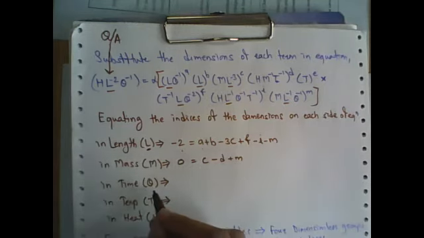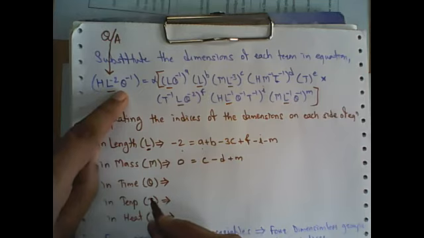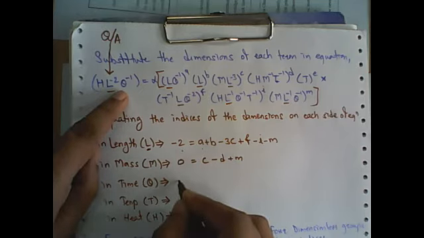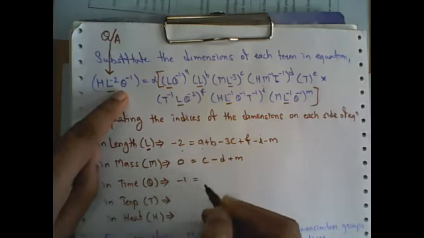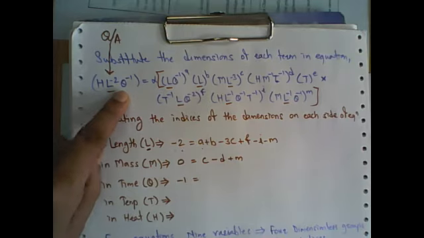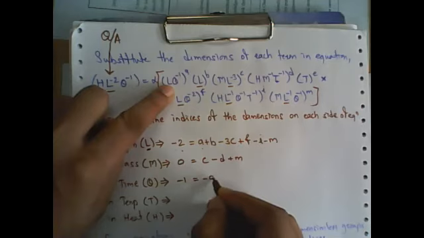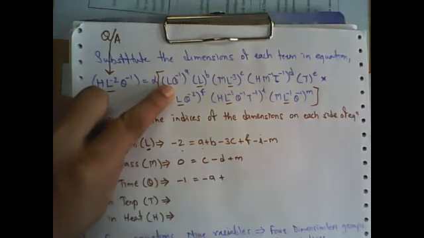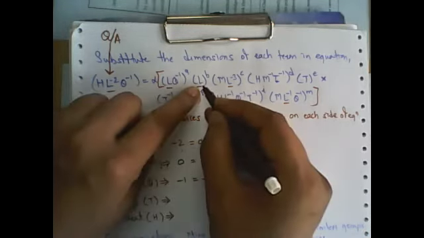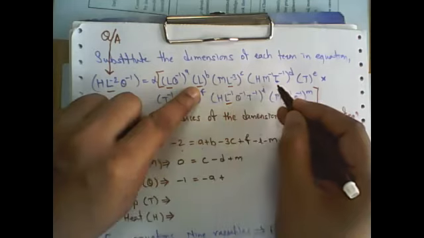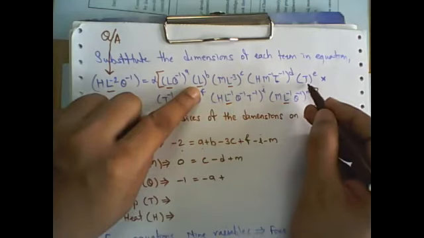Let us take the next dimension, that is theta, time. On the left hand side, theta raised to -1, so it should be -1 equal to theta raised to -1a, minus a. Now here no theta, here no theta, here no theta, here no theta.